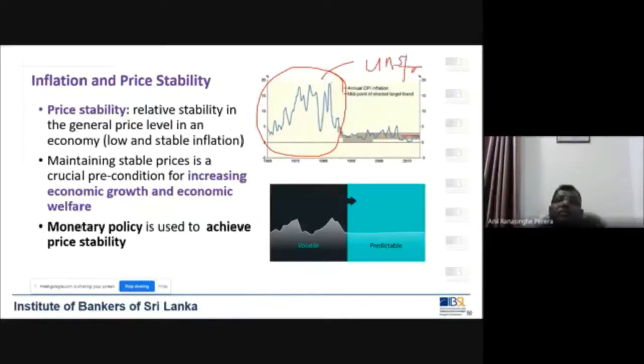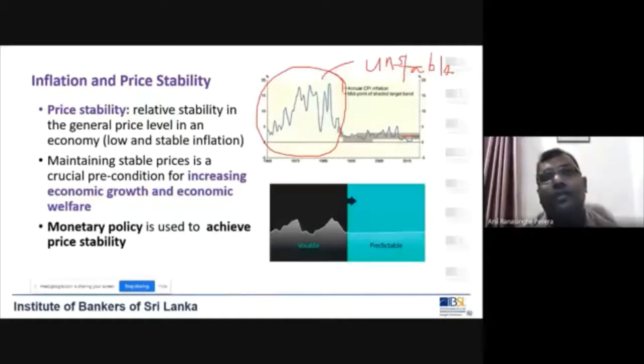Or price instability is there, or high inflation is there. In such a situation, there will be a lot of uncertainty and people will not take decisions in the economy. So people will not make any long-term investments.